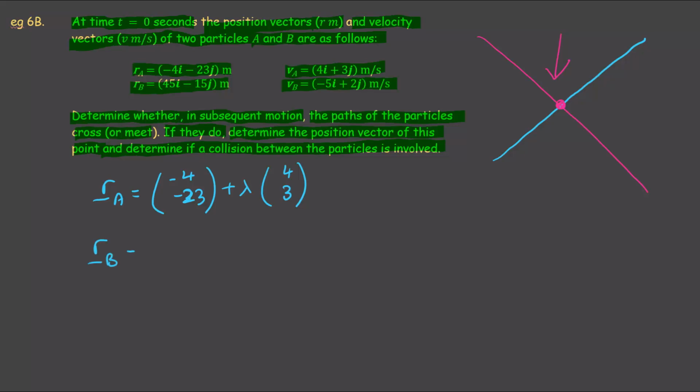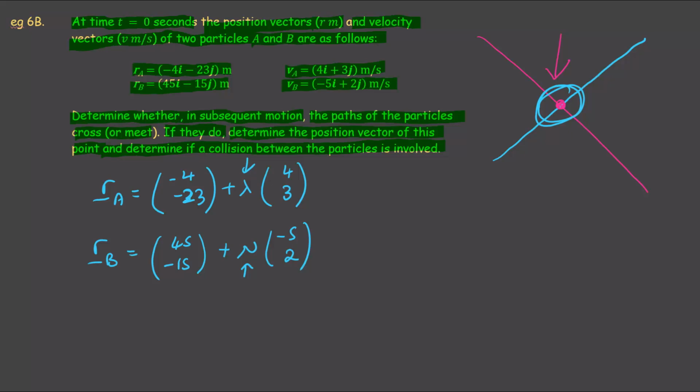And then RB is going to be 45, negative 15, plus mu times negative 5, 2. I'm using lambda and mu rather than t because we're interested in where these cross.